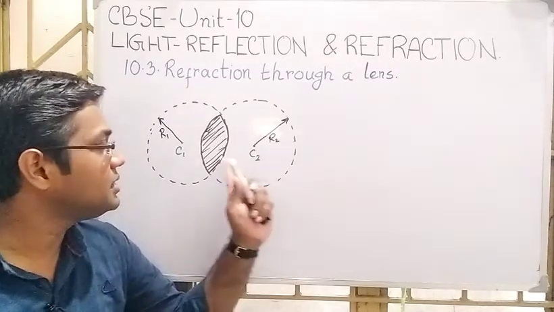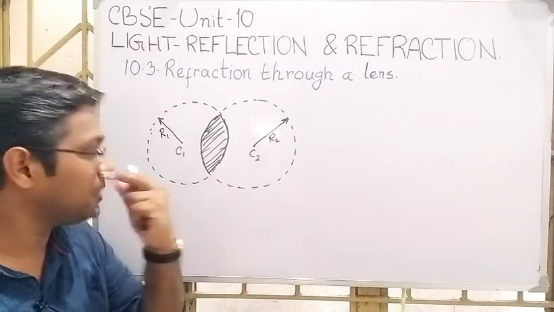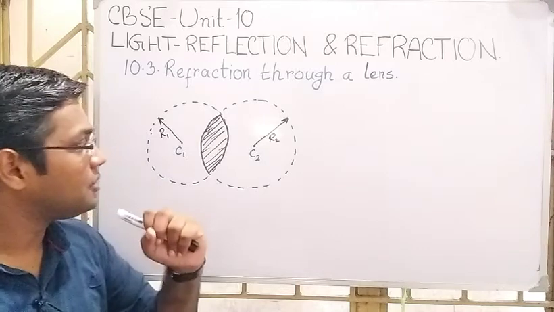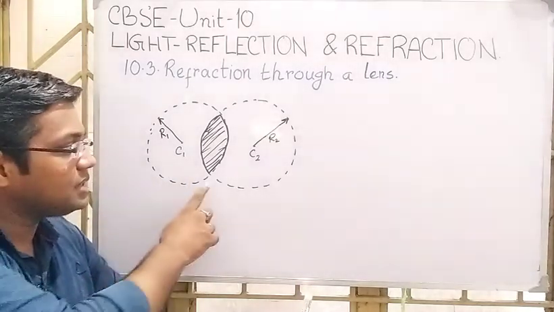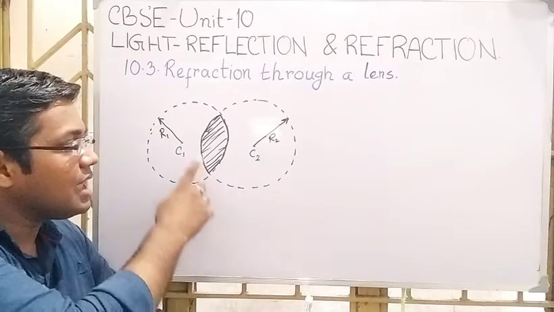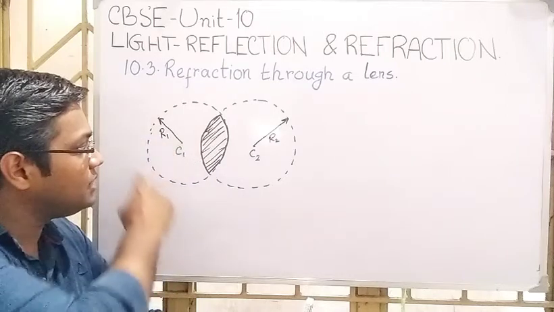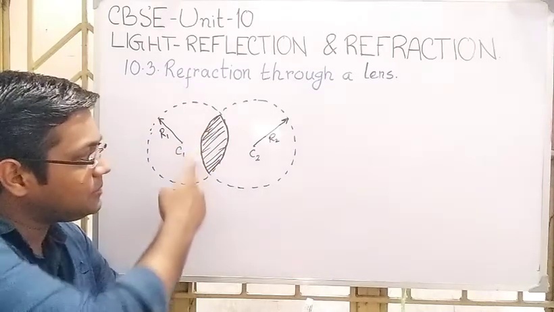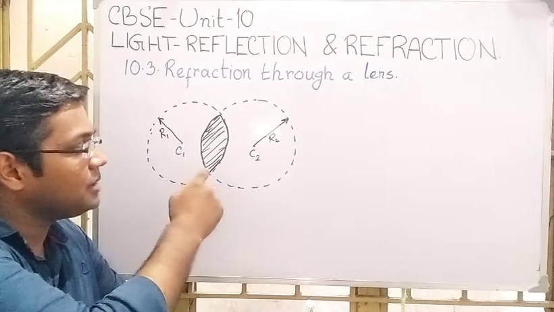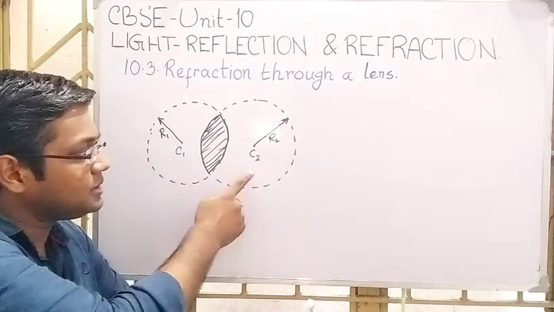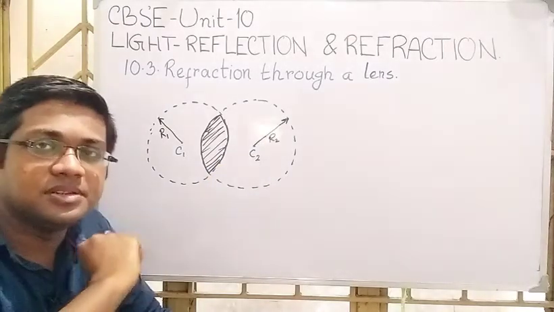So it constricts a three-dimensional optical medium. This surface is part of the left sphere, and this refracting surface is part of the right sphere. Both spheres have centers of curvature and radii of curvature.